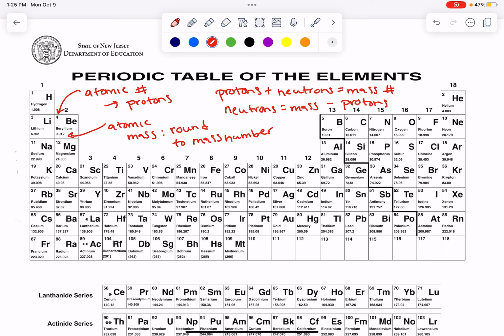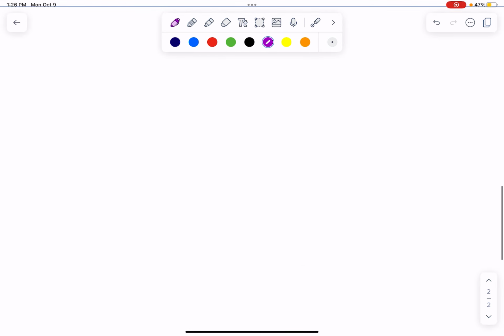So let's take magnesium as an example. We're going to look at magnesium as an example for all of these properties. Looking at magnesium, I see it has an atomic number of 12 and an atomic mass of 24.305. Let's write that down.